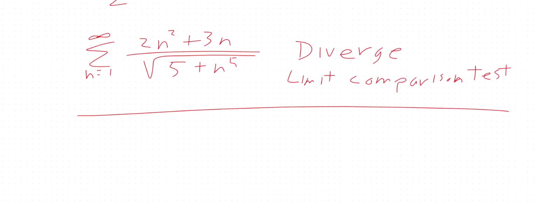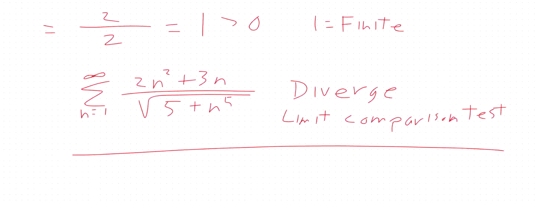But important things here are that we have now two comparison tests. If we know things about certain series, specifically from the geometric series or our p-series, we can use that information to see what's happening with similar series that look kind of alike but are a little bit off. We can do a direct comparison if we have things in the proper order. If our bigger one converges, the smaller one will converge.